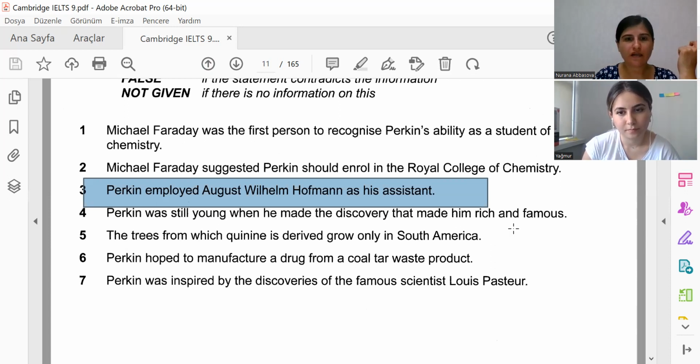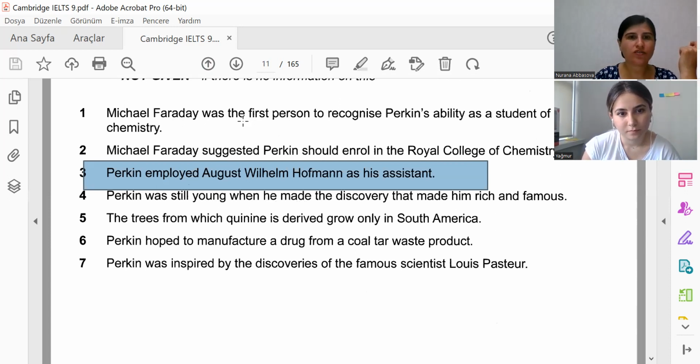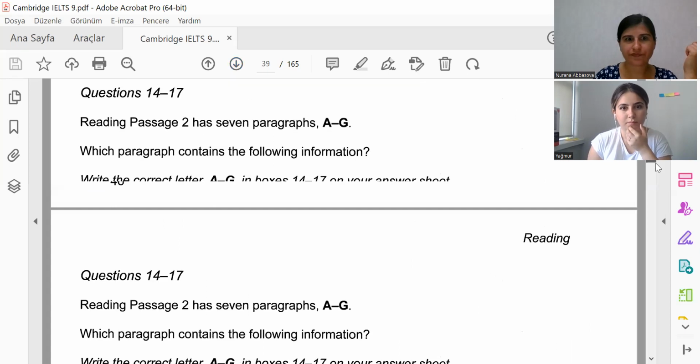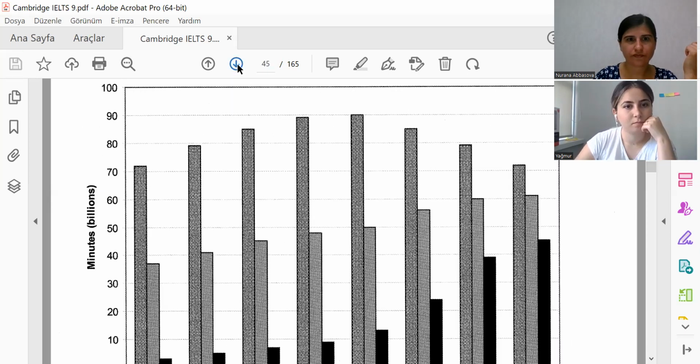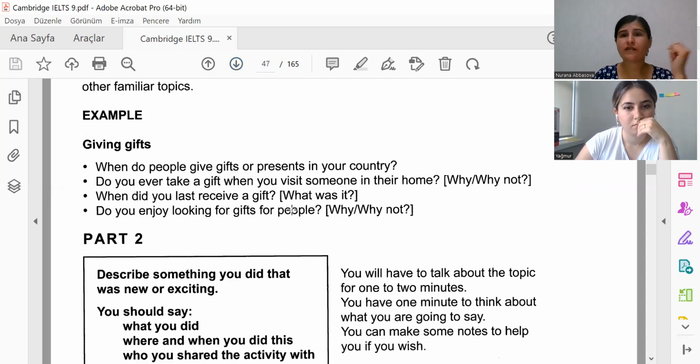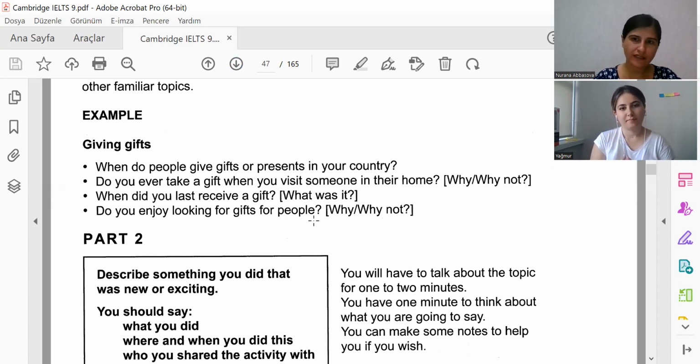Okay. Then today I wanted to revise the speaking parts a little bit. In the speaking section, general speakings can be on a separate day, either before the real exam or after the real exam.